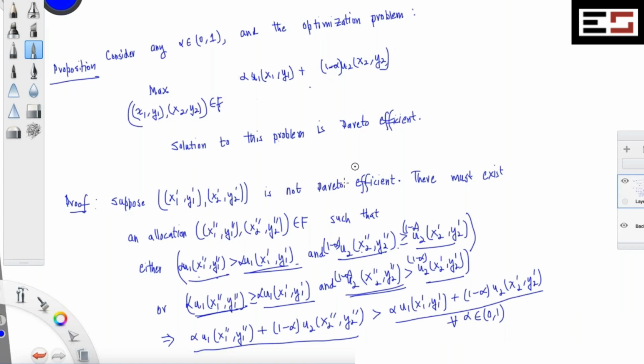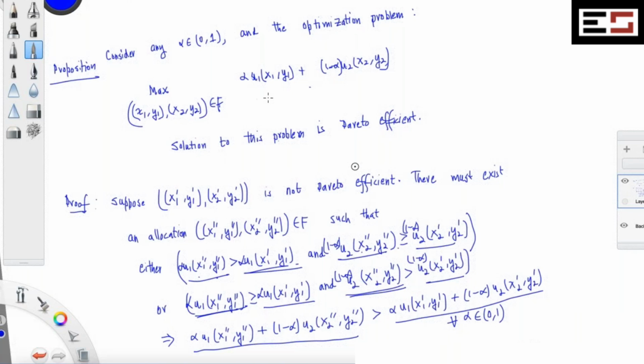Okay, so one very nice thing about this result is that if you want to prove that a particular allocation is Pareto efficient, this could be one way in which you can prove it: you can find alpha such that, if you solve the maximization problem of the weighted sum of utilities, where alpha is your weight to u1 and 1 minus alpha is your weight to u2, the solution will be that allocation.